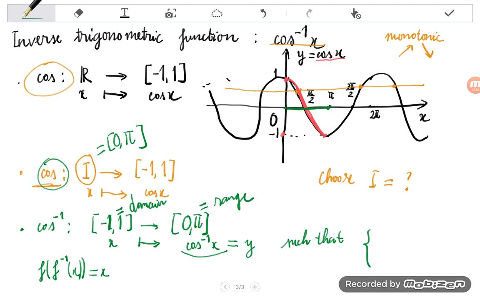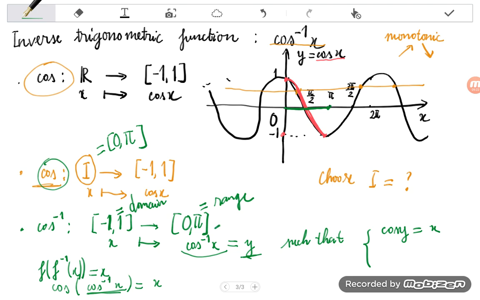So of course, cos of cos to the power -1 x equals x, and the value of the inverse function of cos at x is y. So we have cosine of y equals x. Of course, y must satisfy this equation.